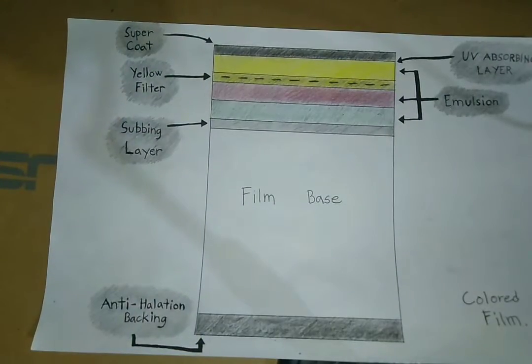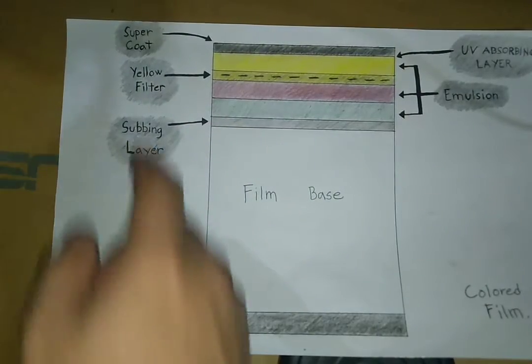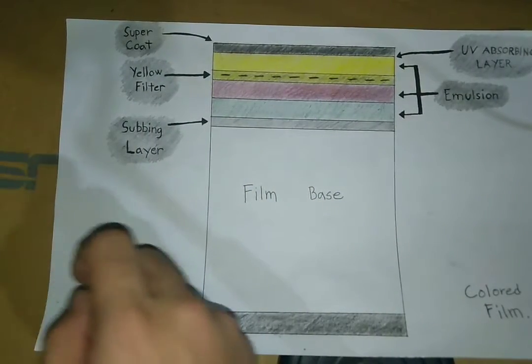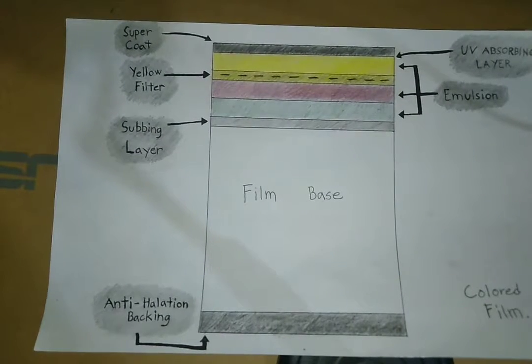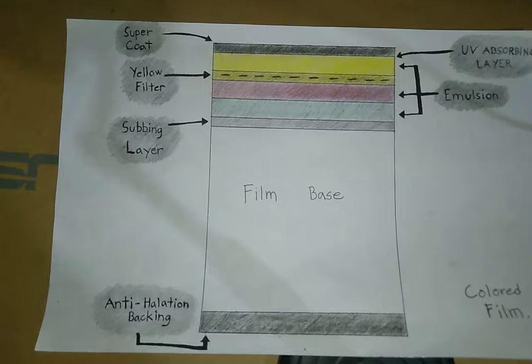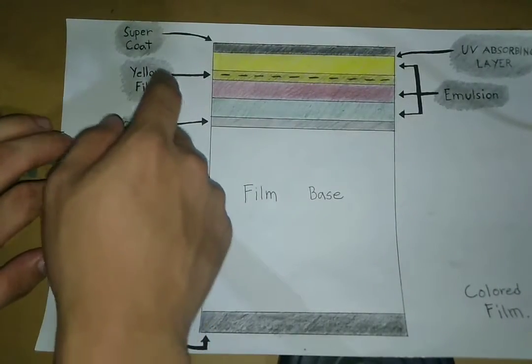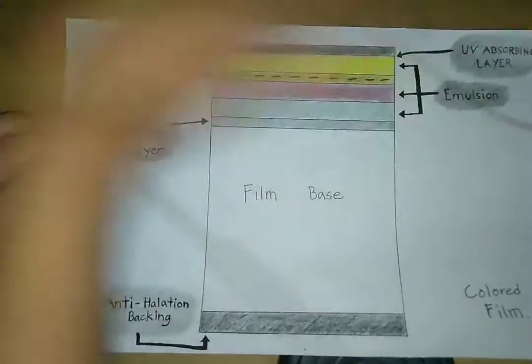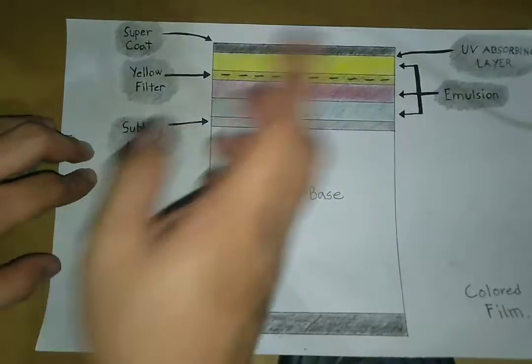And then, next, the yellow filter. So, what does the yellow filter do? A yellow filter layer holds back the blue light from the subsequent emulsion layer. Its job is just to hold back the blue light.